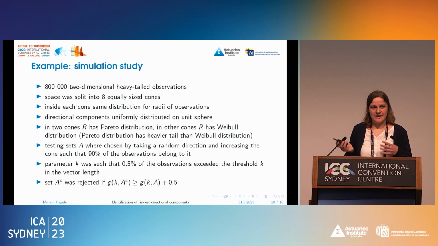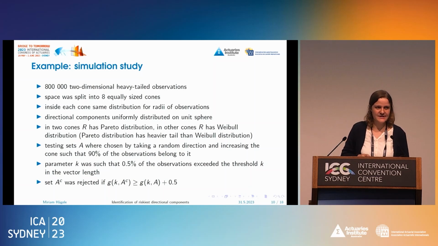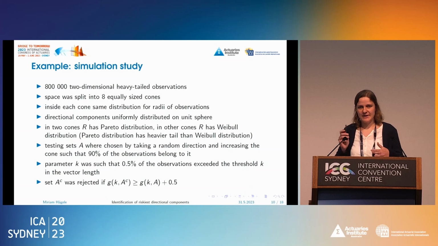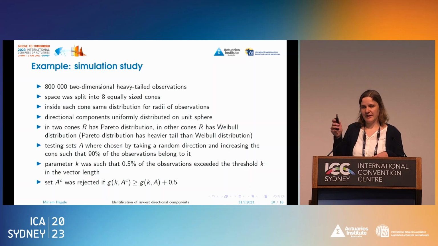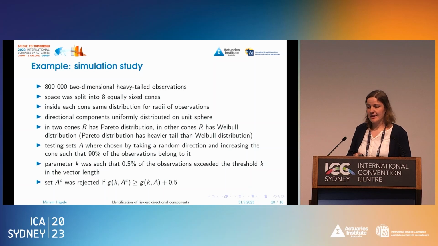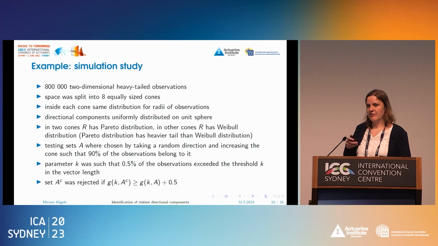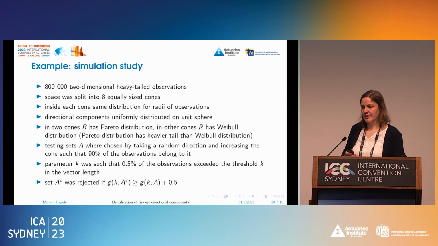But let's move on to the examples. So at first we did a simulation study. We had 800,000 two-dimensional heavy-tailed observations, and we split the space into 8 equally sized cones. We assume that inside each cone, there's the same distribution for the length of the random vector.